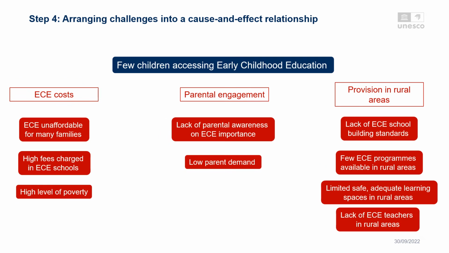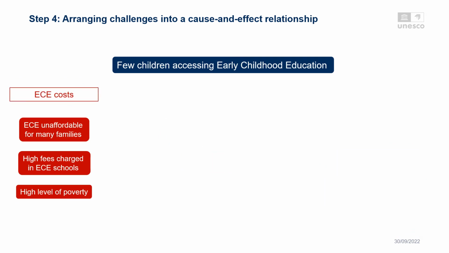Let's go to our first grouping, related to ECE costs. We can reason that the high level of poverty and high fees charged in ECE schools are the causes for ECE being unaffordable for many families. In other words, the reason that ECE programs are unaffordable is because families have limited resources to pay high school fees.